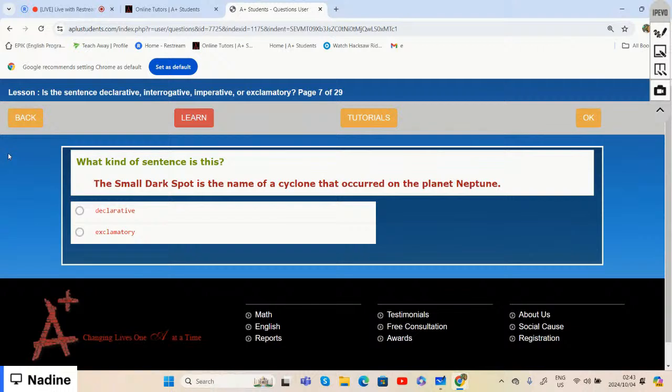All right, so we say the small dark spot is the name of a cyclone that occurred on the planet Neptune. We need to say if that statement is a declarative sentence or an exclamatory sentence.